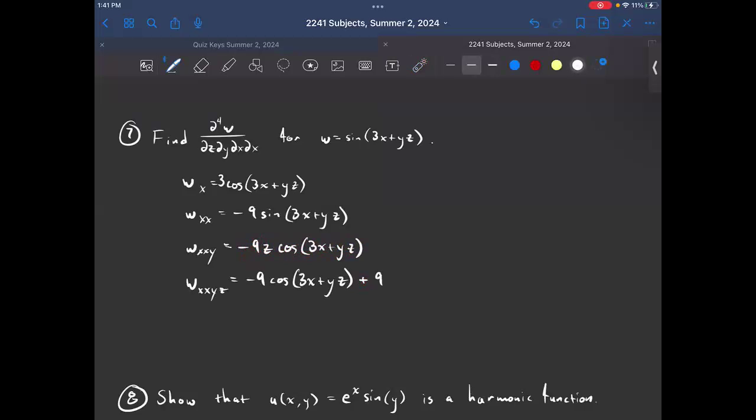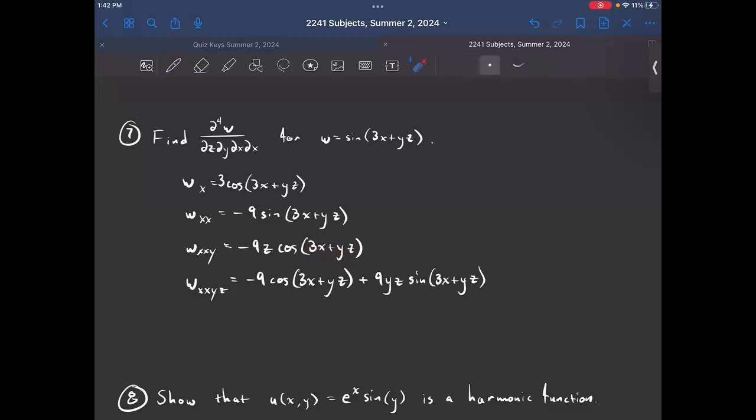So we have 9, and what am I going to get out of my chain rule here? I'm going to get a y. So 9yz sine of 3x plus yz. All right, and there's our fourth partial derivative of w with respect to all of these things.